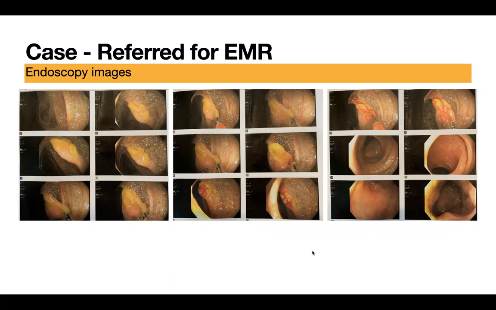I think, Saeed, you made a good point. Another point to keep in mind for the sake of fellows is to take a lot of pictures to document the cecum. The best way to document that you reached the cecum is to include a picture of the terminal ileum with villi.